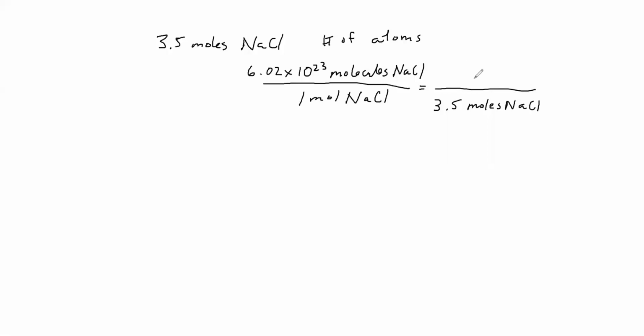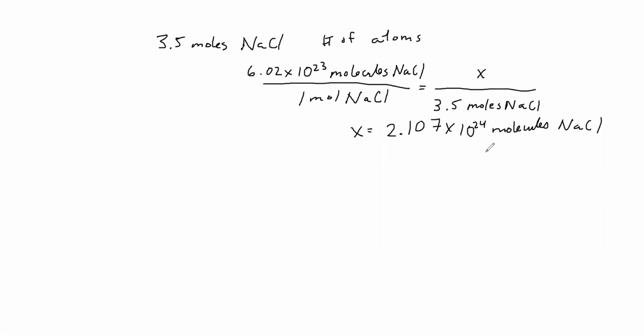And lo and behold, another cross multiplication, where if I am looking for the missing number of molecules, I end up with a gigantic number, approximately 2.107 times 10 to the 24 molecules of NaCl. So that's if I'm given the number of moles.